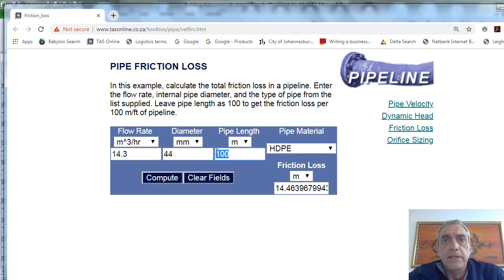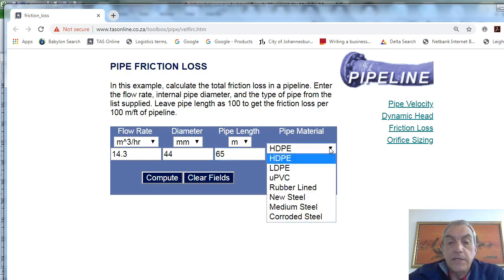One, aesthetically you want the building to look nice, and two, you don't want the noise of the pump system at the reception area, so they usually find a spot as far away from the traffic as possible, certainly from the reception area. So we then measure the total run of pipe from where this pump station is to where the pipe enters the building, and let's say we work on 65 meters.